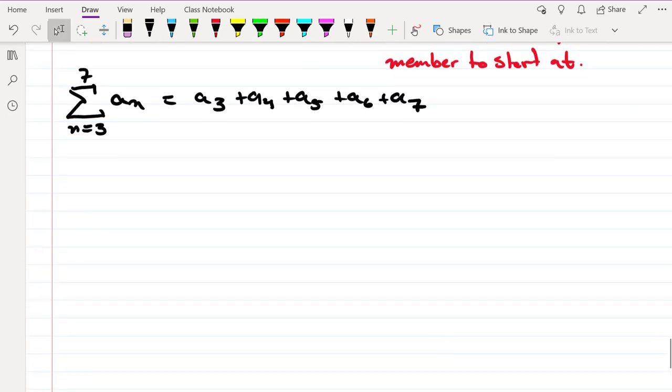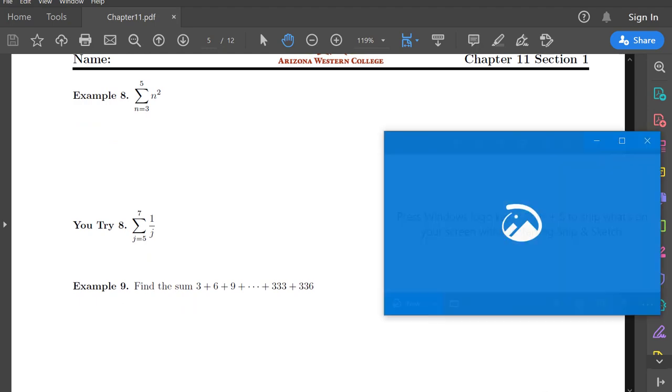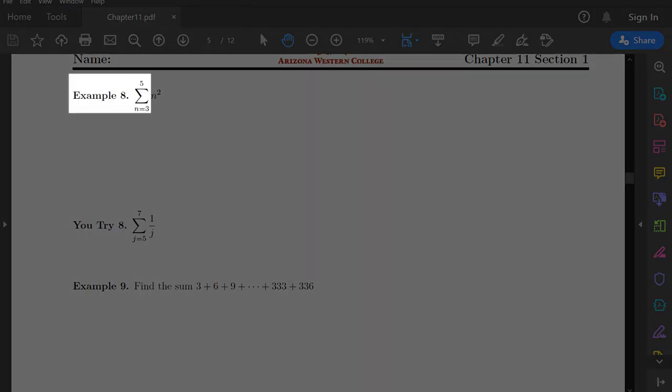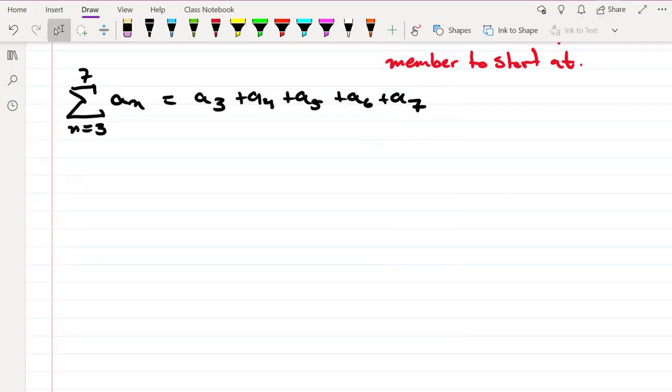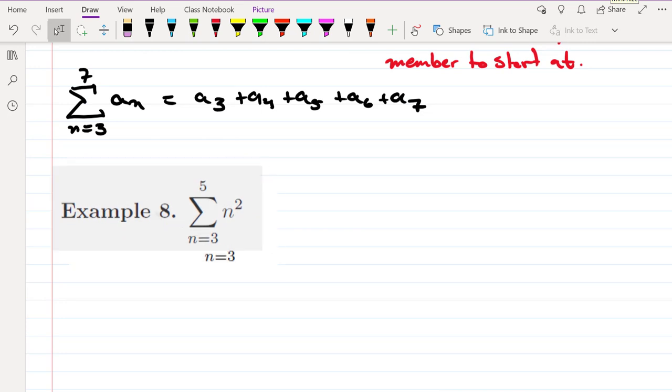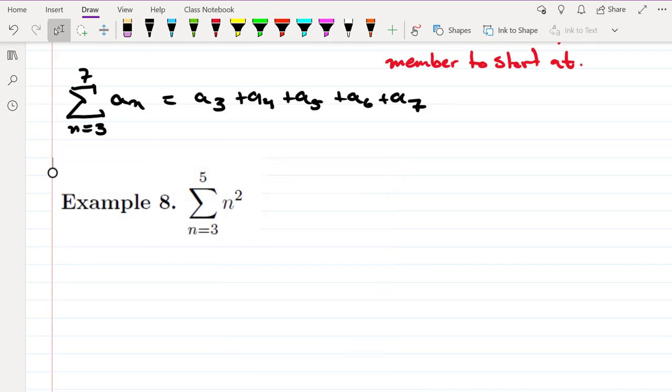All right, let's look at example number 8. So we wish to find this sum. So remember, sigma tells us to add. So this is asking us to add up the sum as n goes from 3 to 5 of n squared.